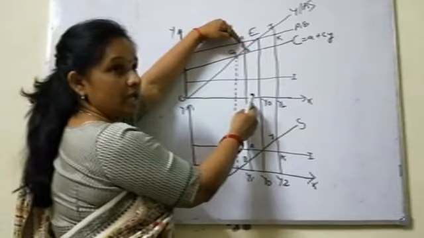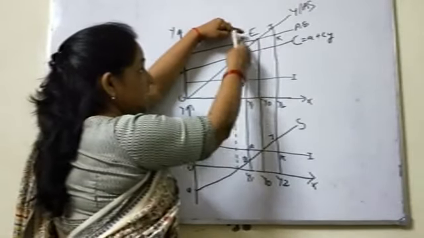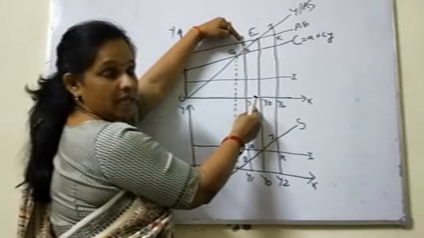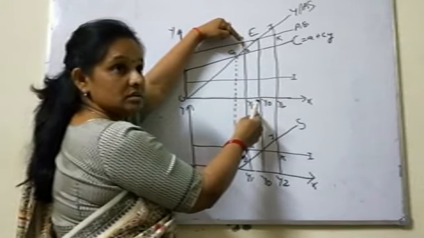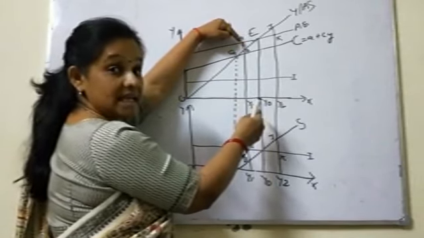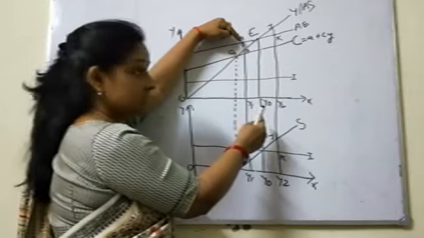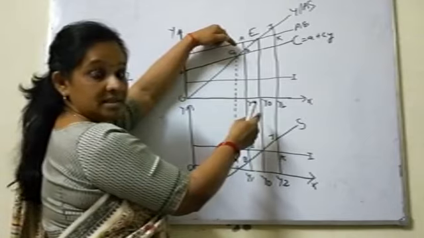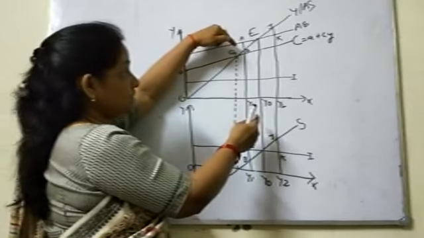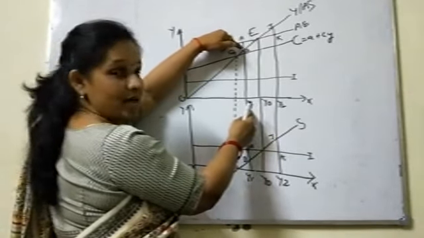So write down, aggregate demand is AY1, which exceeds aggregate supply, which is BY1.